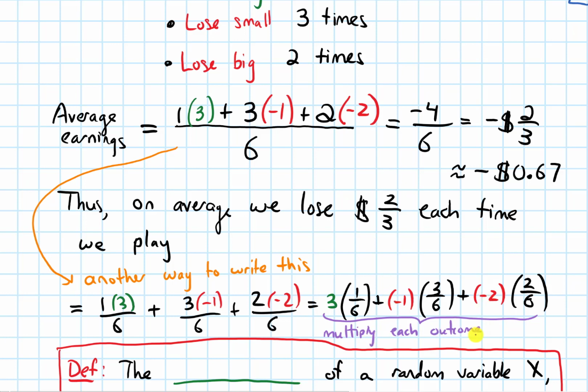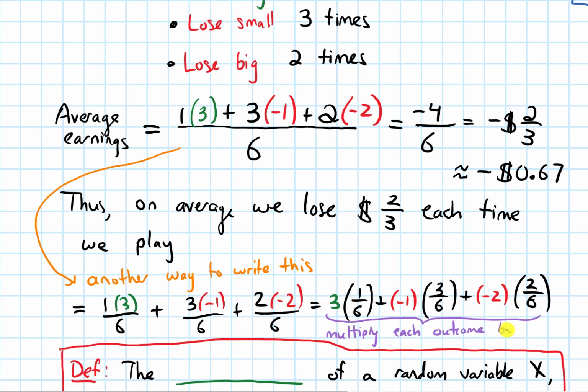Each outcome by its probability, and then sum those up. And that is going to be the formula that we give when we define the expected value. So let's give a general definition next.